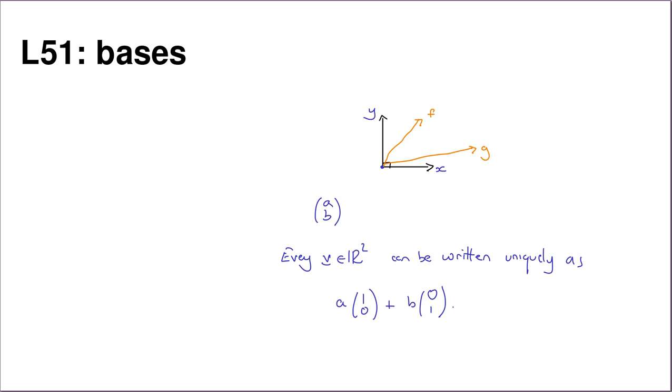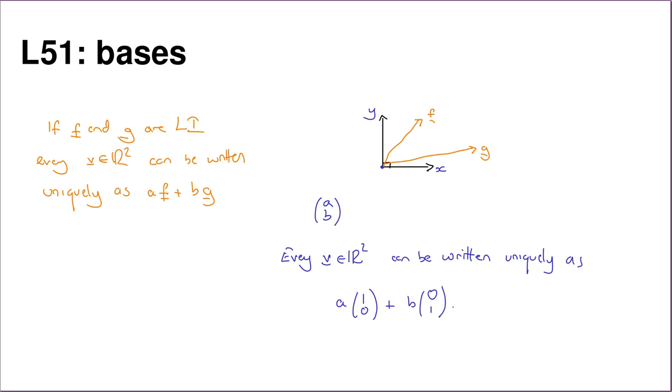Then it's still possible, so long as F and G are linearly independent, we still have this property that every element of R squared can be written uniquely as a multiple of F plus a multiple of G. So this is another choice of coordinatization for the plane, a different coordinate system. Many different coordinate systems are possible.